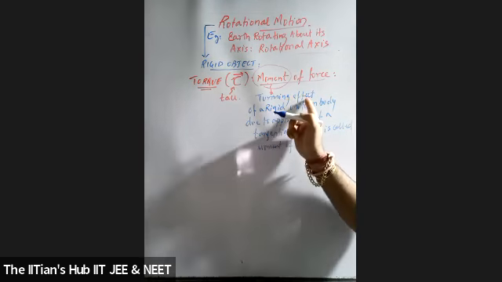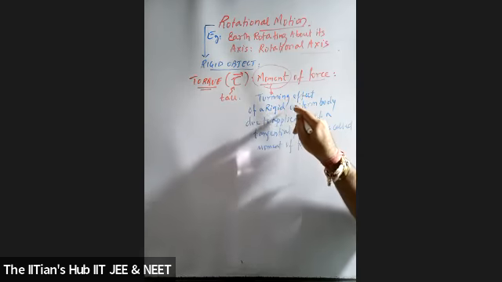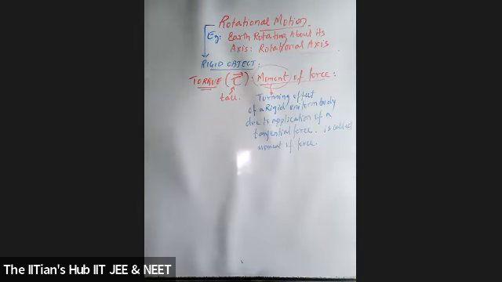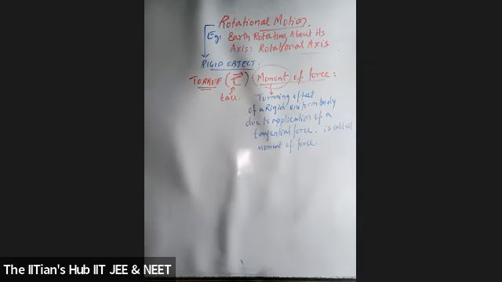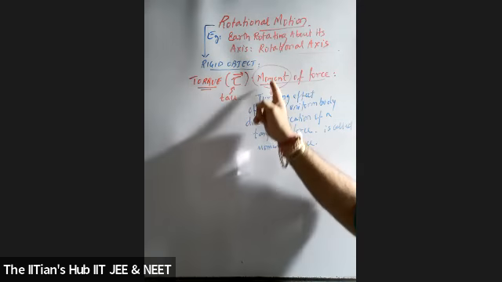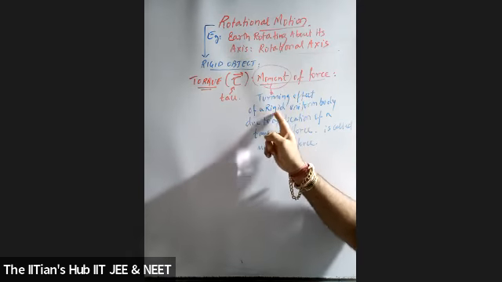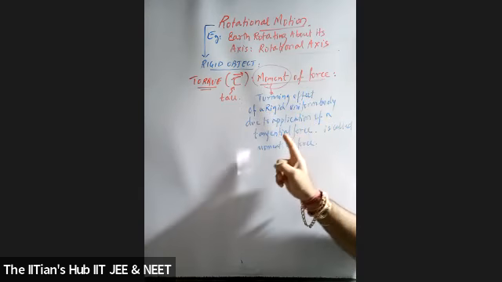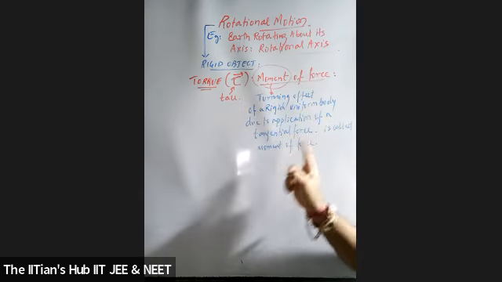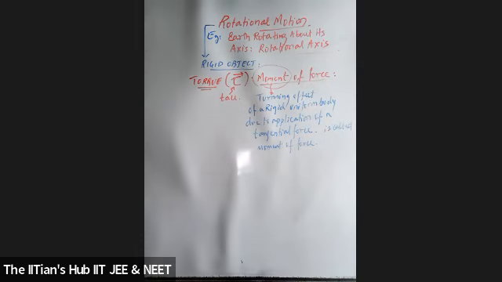Students, I'm restricting myself to a rigid and uniform body. Uniform का मतलब mass is uniformly distributed. Turning effect of a rigid uniform body due to application of a tangential force is called moment of force.